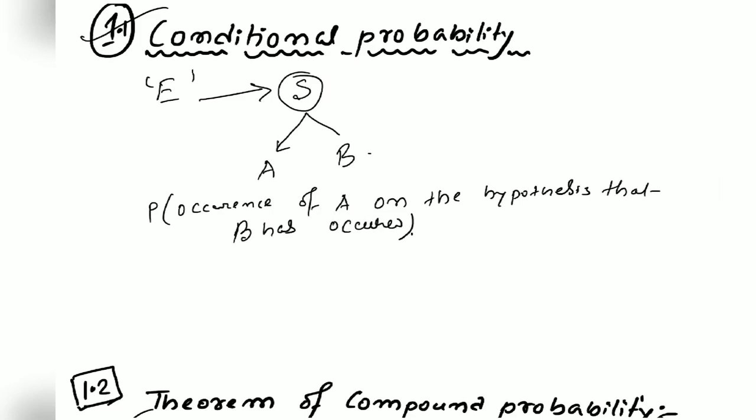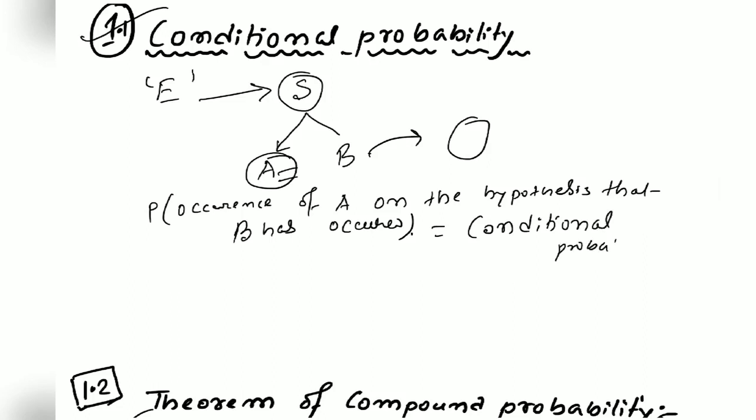So you will be given that B has actually occurred prior. Now you have to find the probability of A. This is nothing but the conditional probability. So it is very simple.